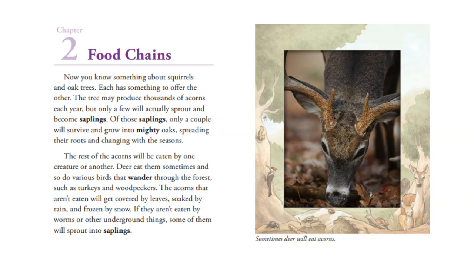Deer eat them sometimes, and so do various birds that wander through the forest, such as turkeys and woodpeckers. The acorns that aren't eaten will get covered by leaves, soaked by rain, and frozen by snow. If they aren't eaten by worms or other underground things, some of them will sprout into saplings. And on this picture, you can see a deer that might be eating an acorn.